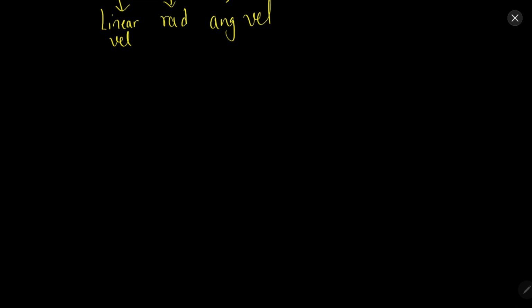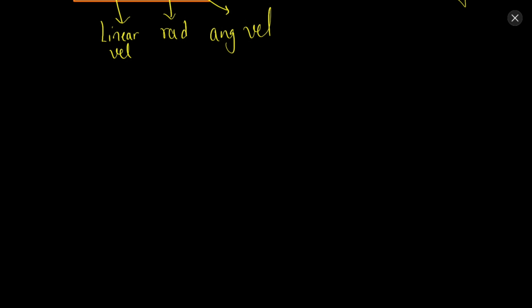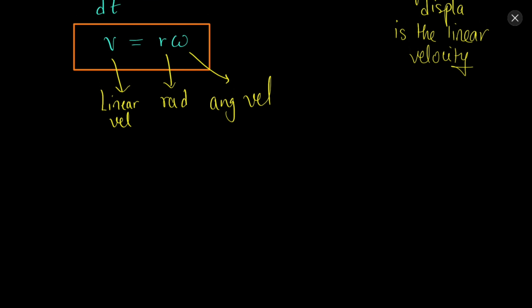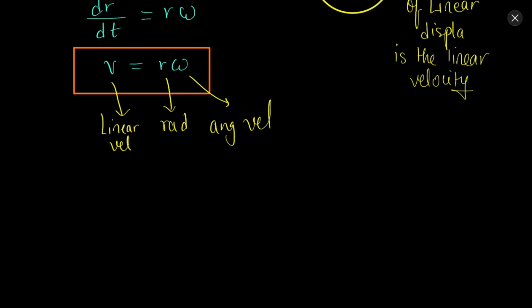Now next we can similarly find the relation between linear acceleration and angular acceleration, but before we do that, let me just write the vector form of this equation. As we know, velocity is a vector quantity, so the vector form of this equation will be v vector is equal to omega cross r vector.